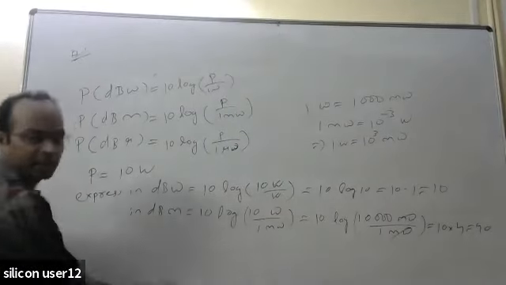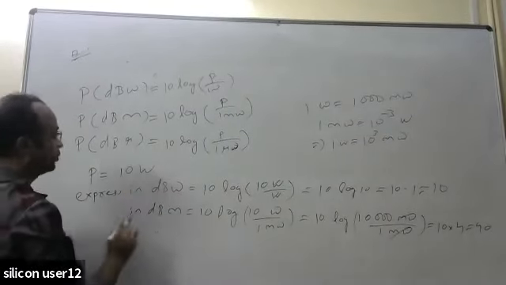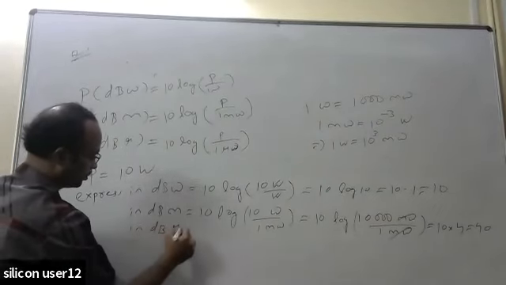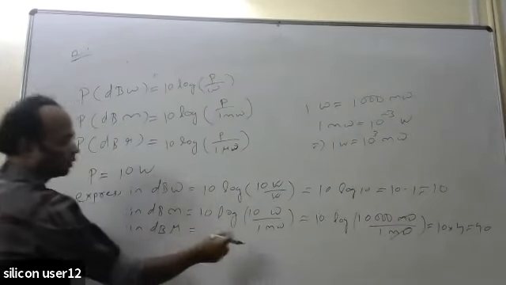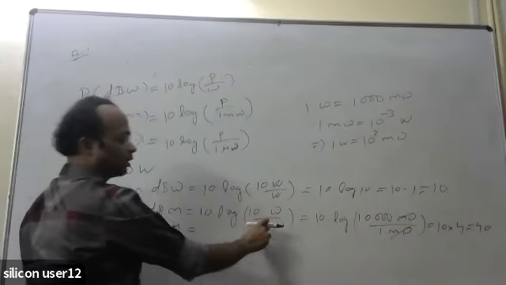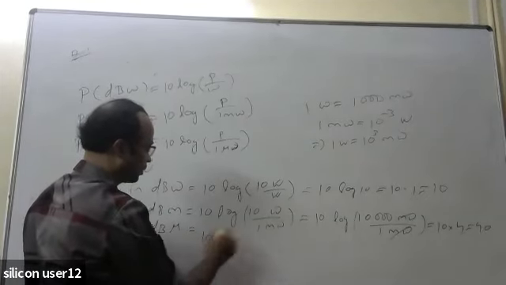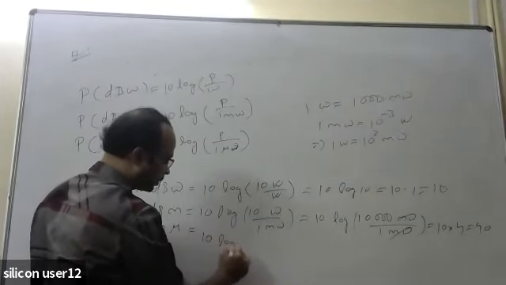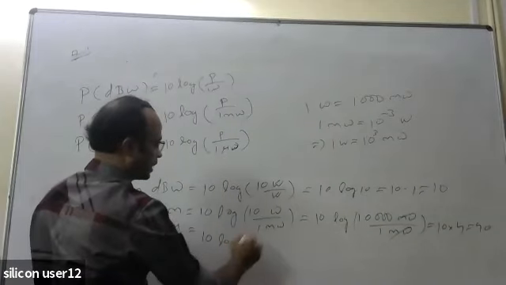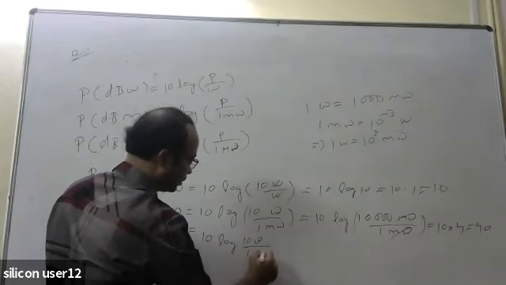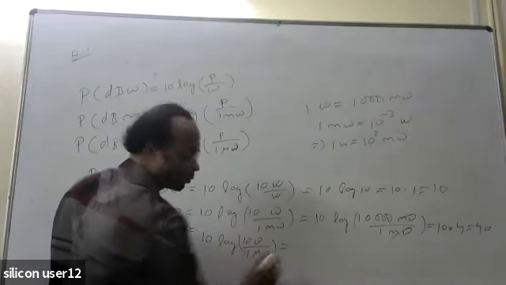Similarly, express it in dB micro. Here you are expressing in terms of milli, but here you can express it in terms of micro. 10 log of 10 watt by 1 microwatt.